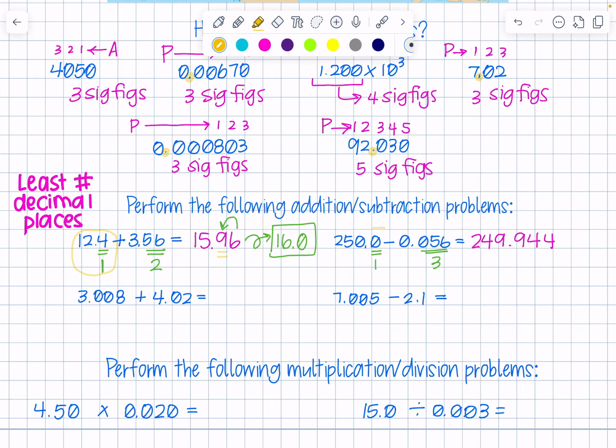My job is to round it to match the least number of decimal places from my problem. So in this case, I want to round to that first decimal place. If I do that, I get 249.9 because the 4 tells the 9 to stay the same.